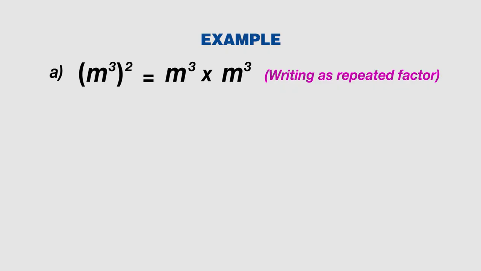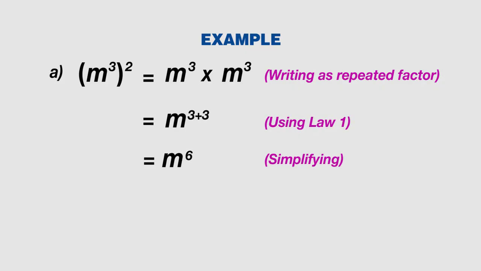Now we can write this as repeated factors, but we can also use our first law to work m cubed times m cubed. That will give us m raised to the power 3 plus 3, which is m raised to the power 6. And therefore, we are saying that m cubed all squared is equal to m raised to the power 6.